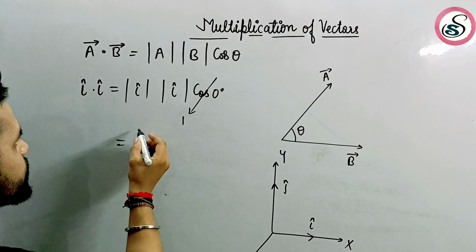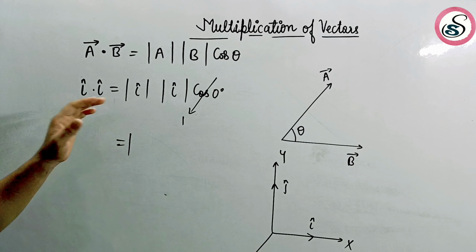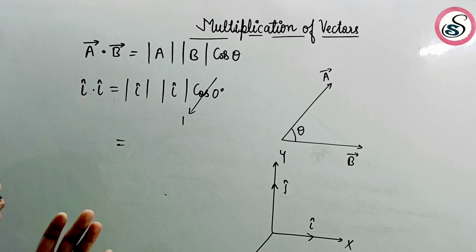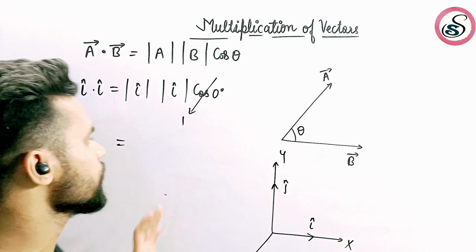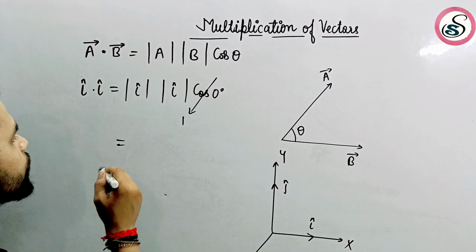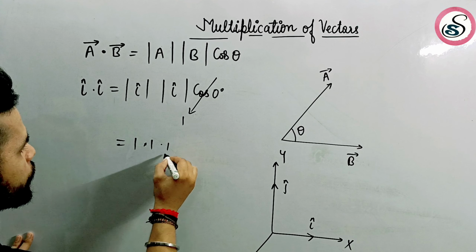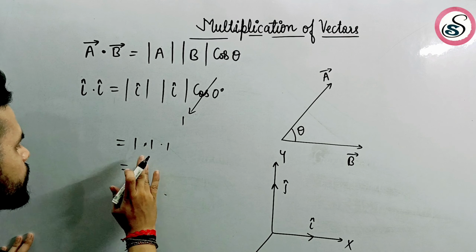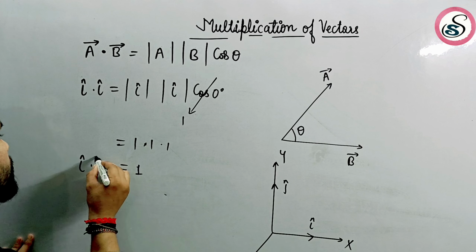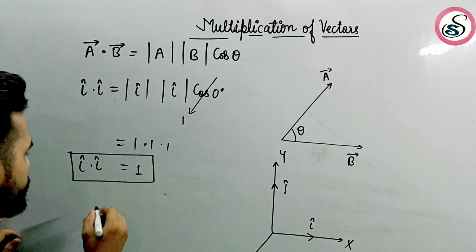And the mod of I cap is also 1, because the magnitude of a unit vector is unity, or 1. So 1 and 1 and 1, it is going to be 1, which means the dot product of two same unit vectors is 1.